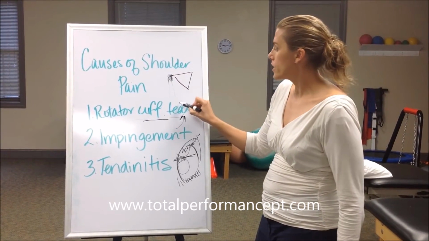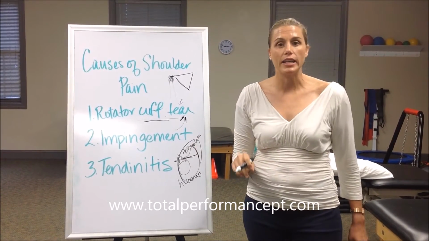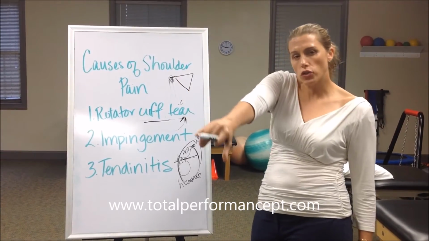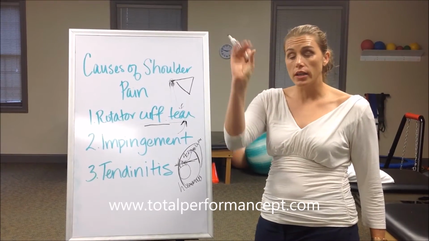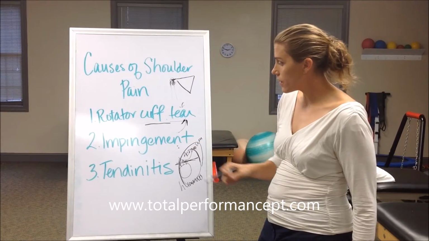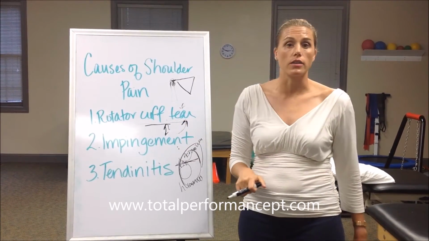So this has a painful arc, as we refer to it. Once you get above 90 degrees, generally it's going to hurt. And you will be able to twist your arm a little bit one way or the other to make that bone clear a little better. But all in all, this is going to eventually lead to that if it's not treated.